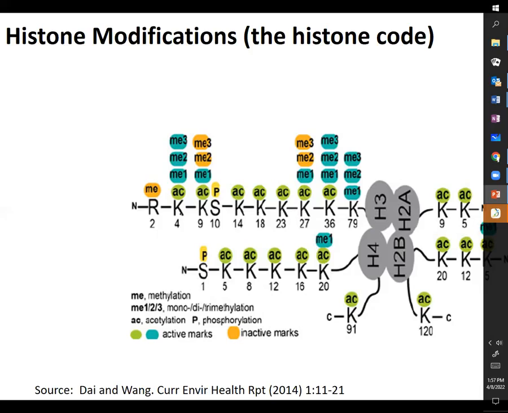K is the one letter code for lysine. So where you see K, that's a lysine residue. This is arginine, this is serine, but mostly notice how there's a lot of Ks. And you can see that these green marks are active marks, meaning they open up the DNA.